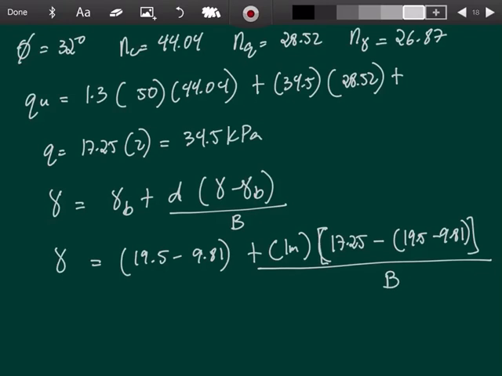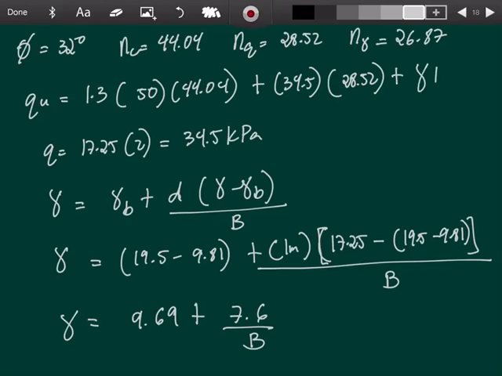So ang gamma natin ay 19.5 minus 9.81, that is 9.69, plus 17.25 minus 9.69 is 7.6 over B. So ito yung isa-substitute natin dito.